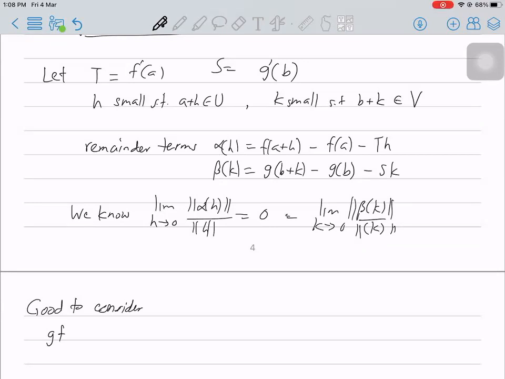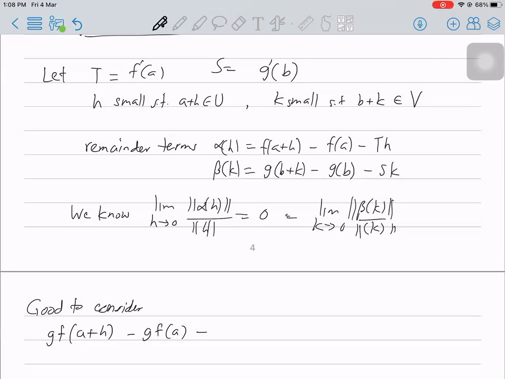So g f of a plus h minus g f of a, correct, minus s t of h. So minus the linear operator that I think is going to be the derivative, right? The derivative is the unique linear operator which, when evaluated at h and then divided, the limit turns out to be 0.